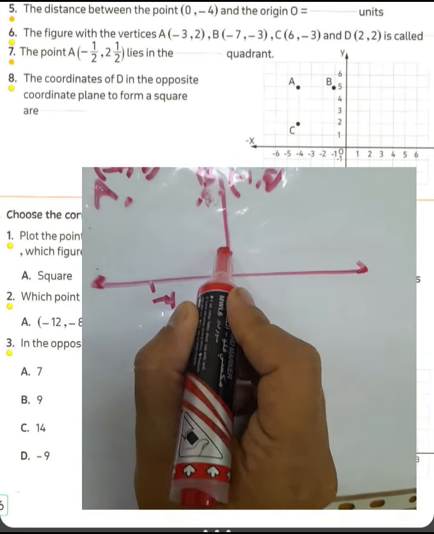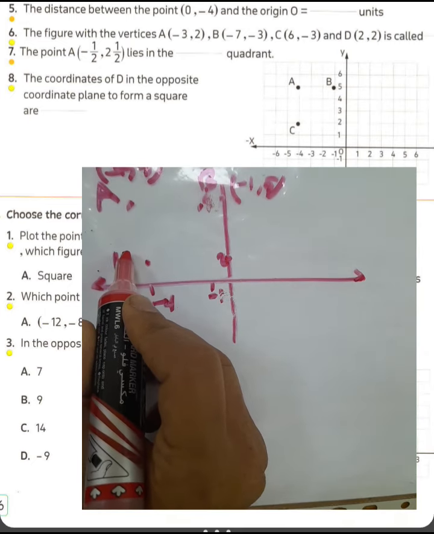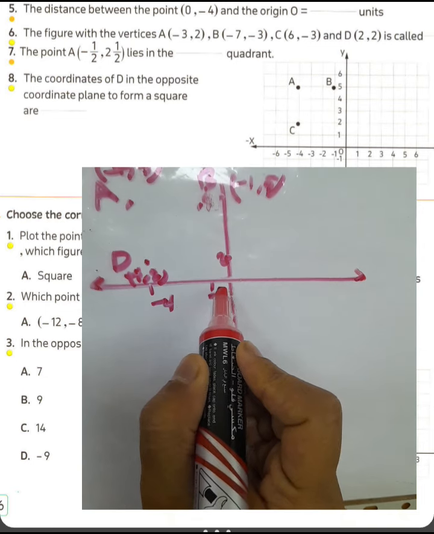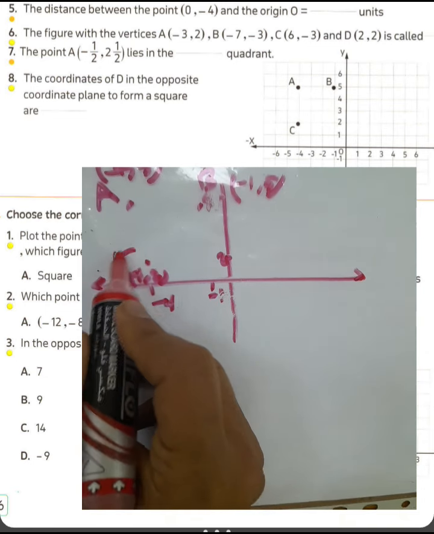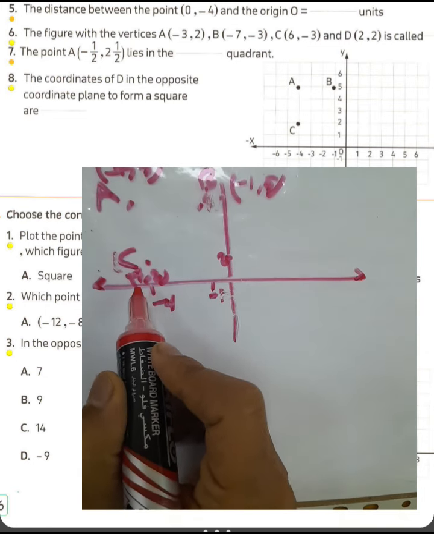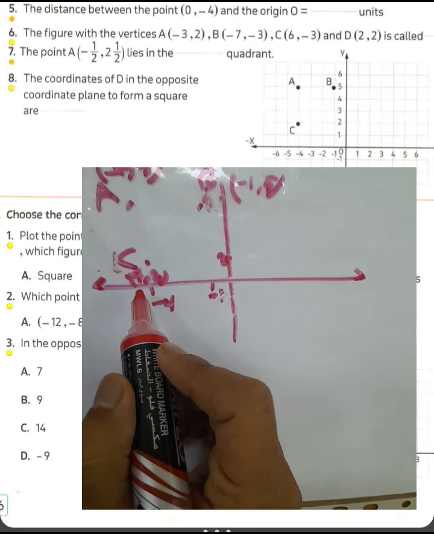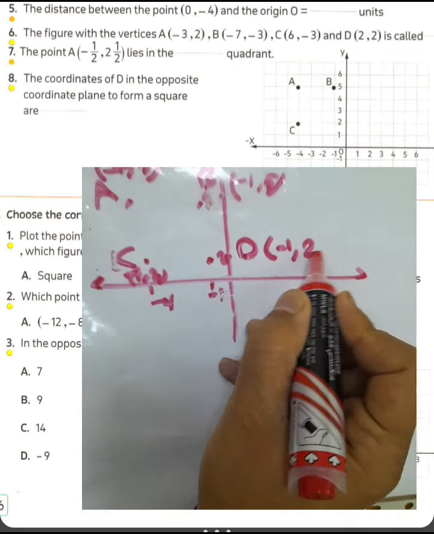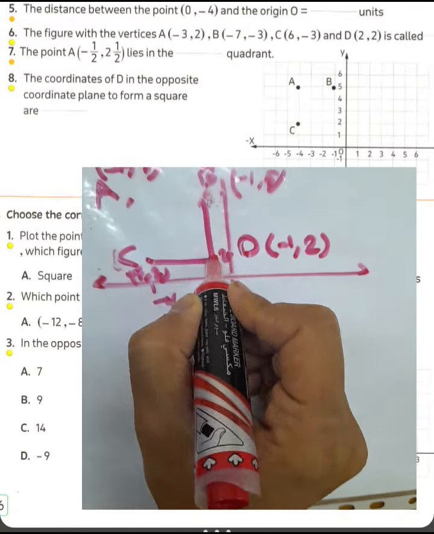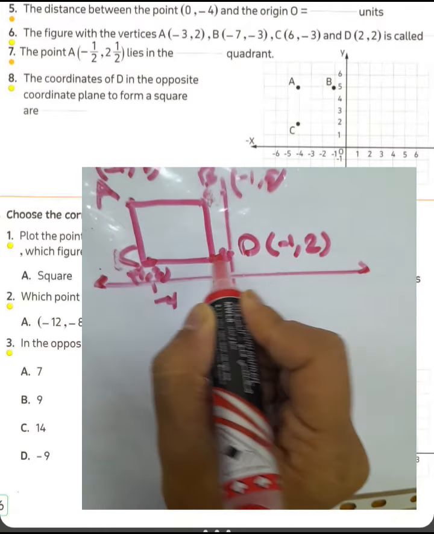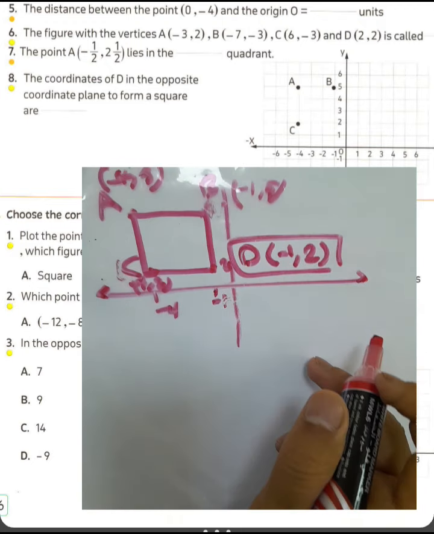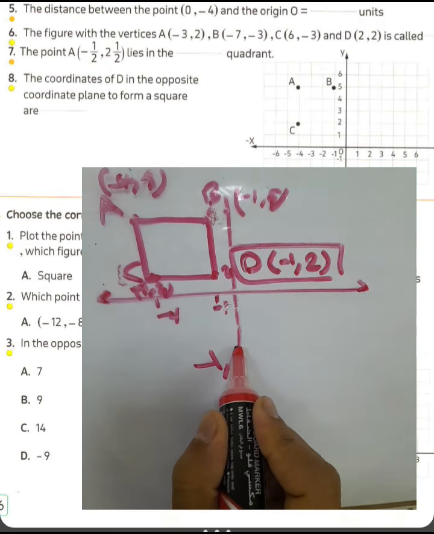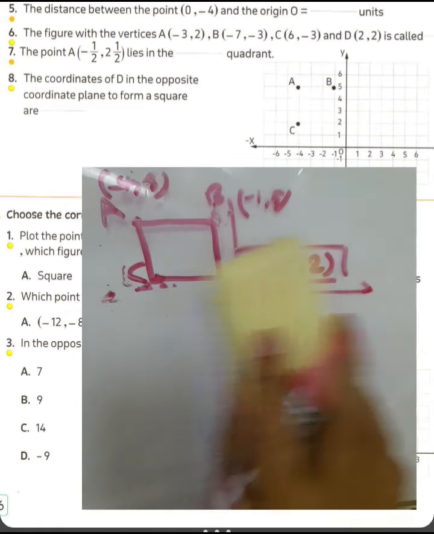Negative 4 and 2. Then the point here will be negative 1 and 2. Point D will be negative 1 and 2. Understood? The order of point D will be negative 1 and 2. It's the result, okay? The result will be negative 1 and 2.